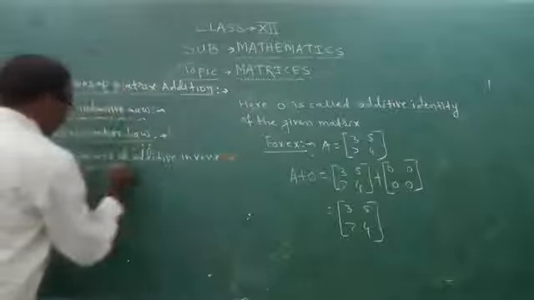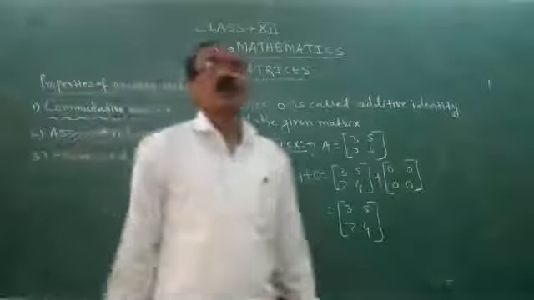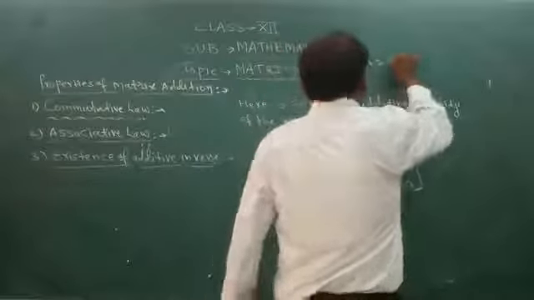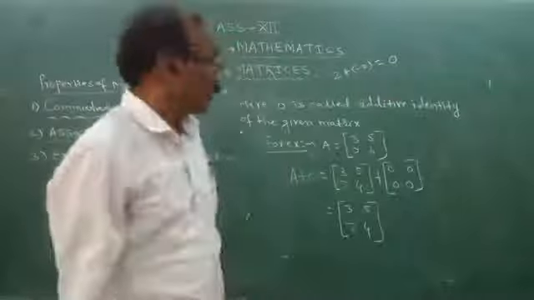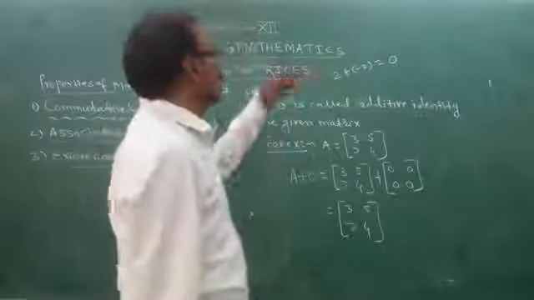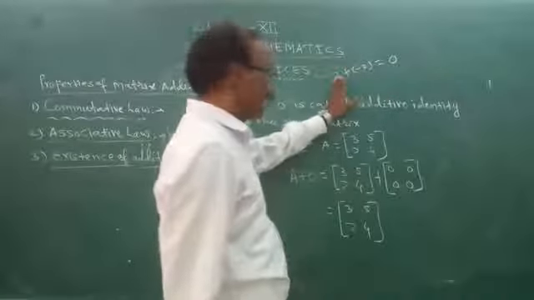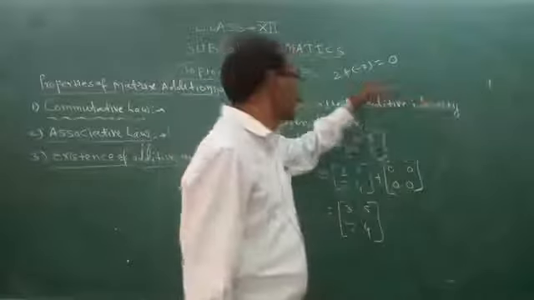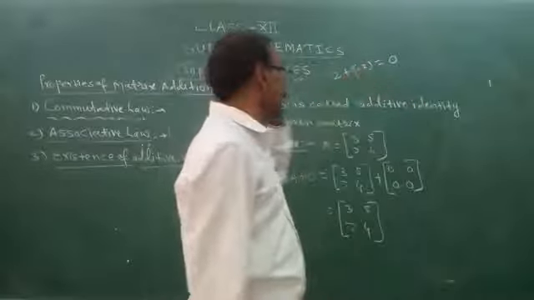We know that in the real numbers, if I take 2 plus minus 2, I get the additive identity element. So this minus 2 is called the additive inverse of 2.